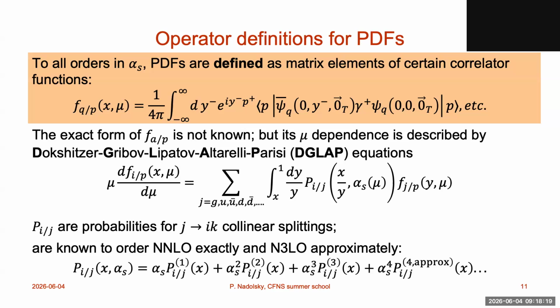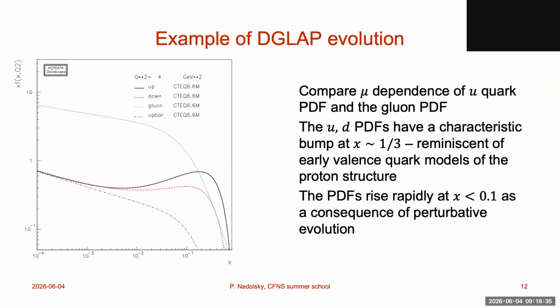It is given by the so-called Dokshitzer-Gribov-Lipatov-Altarelli-Parisi evolution equations, with kernels that are now known to a very high accuracy. They are known almost completely up to 4 loops, or N3LO accuracy. So this evolution works extremely well in these calculations.